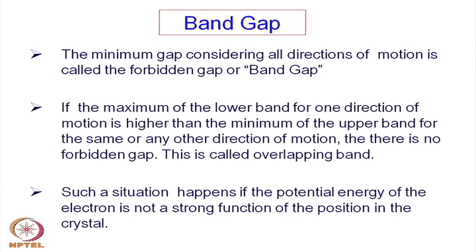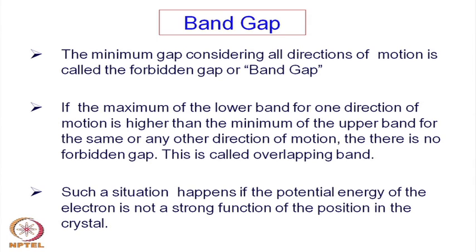Such a situation happens if the potential energy of the electron is not a strong function of the position in the crystal. We have already considered a periodic lattice, and depending on the crystal, depending on the particular lattice, the variation may be less or more.